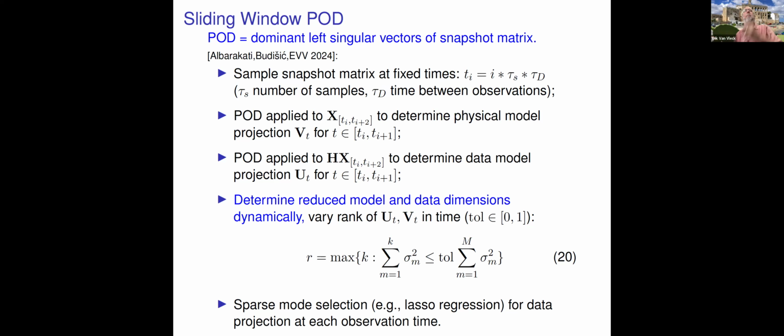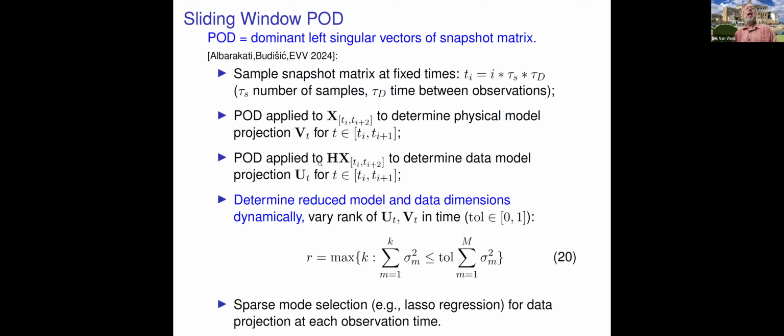We apply POD to the snapshot matrix X that has solutions for times t_i up to t_i plus 2 tau_S, and we only apply this for t in the first half of this snapshot interval.